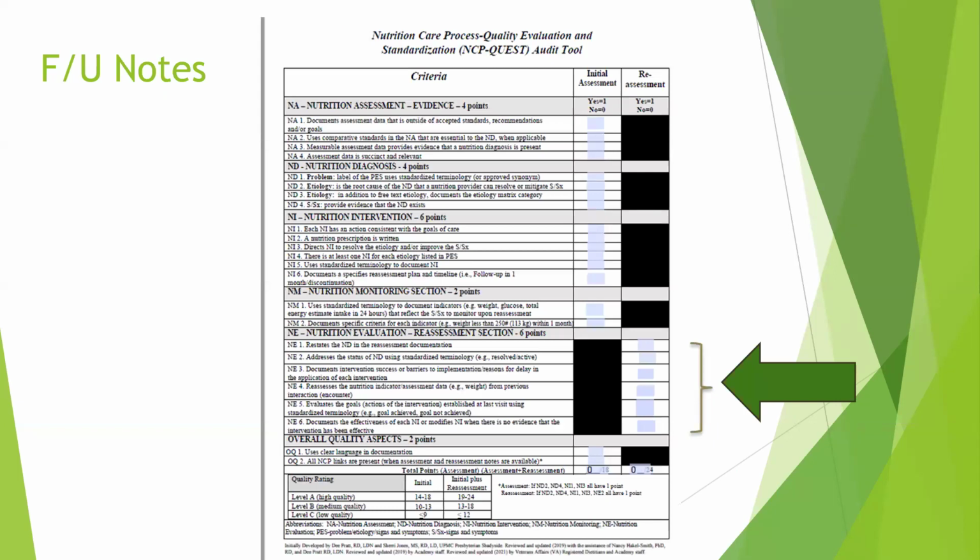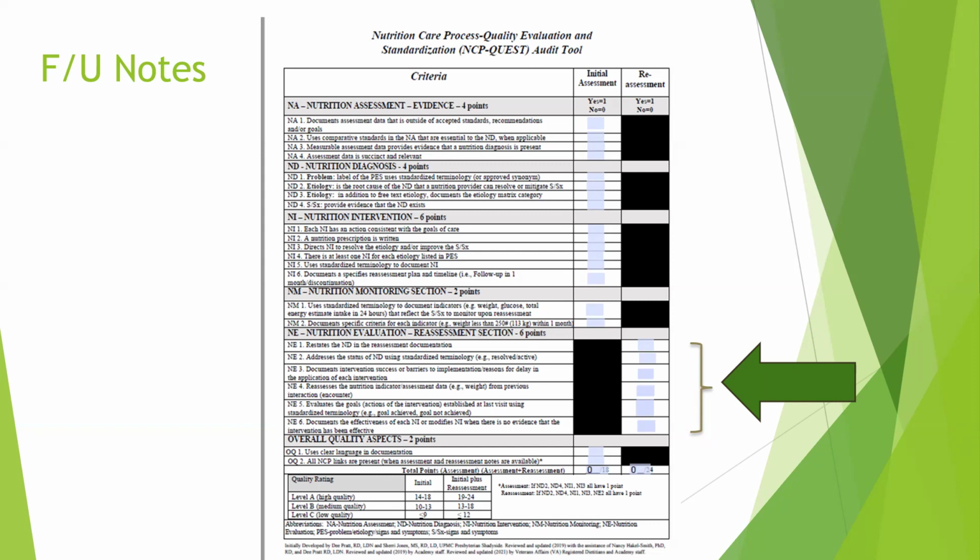Reassessments or follow-up notes are even simpler and shorter. All you need is to restate the nutrition diagnosis and the reassessment documentation, address the status of the nutrition diagnosis using standardized terminology, document the intervention success or barriers to implementation, as well as reasons for delay in the application of each intervention, evaluate the goals.